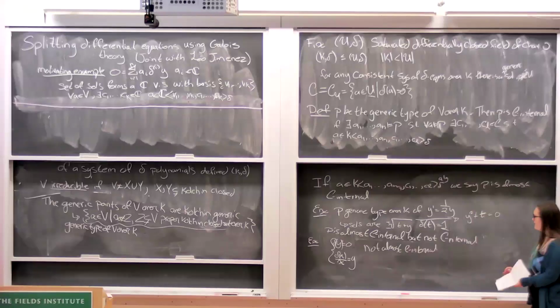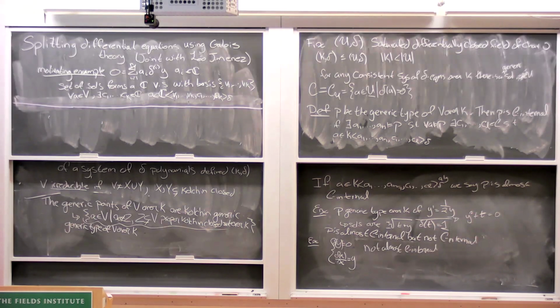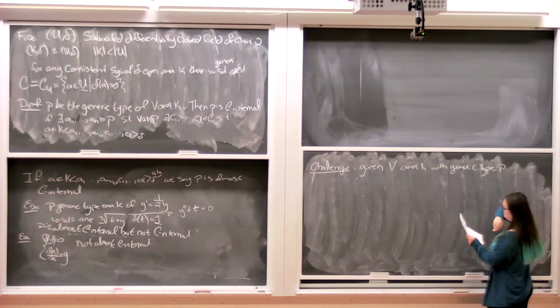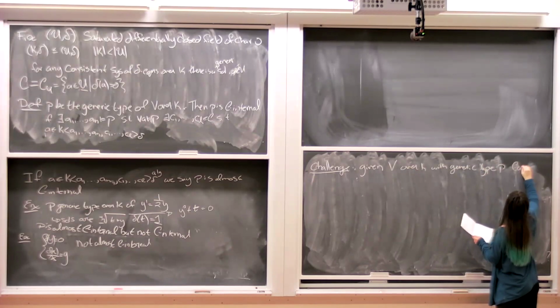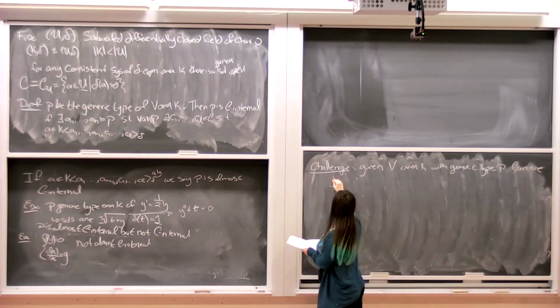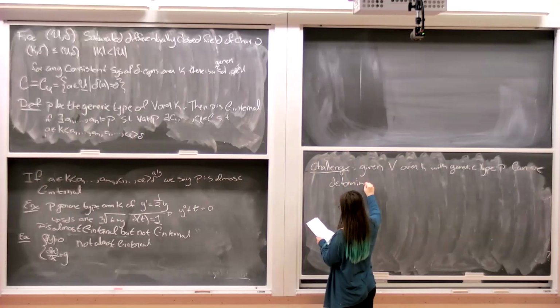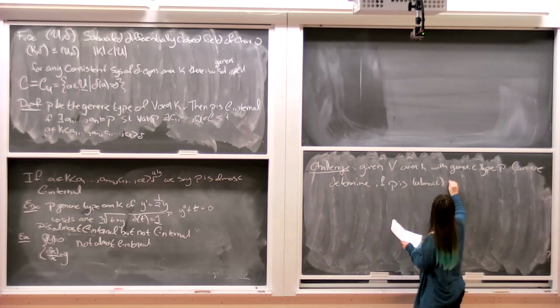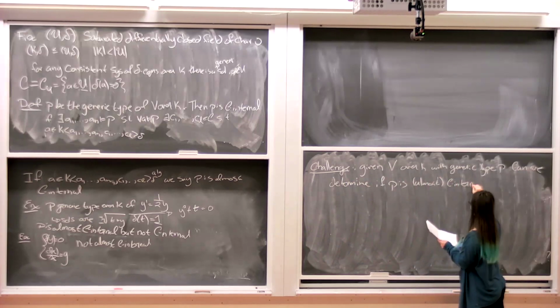So a kind of overarching challenge of model theory, or of this kind of question, is if you are given some set of differential equations, V over K, with a generic type P, again over K, can we determine if P is either outright or even almost internal to the constants?